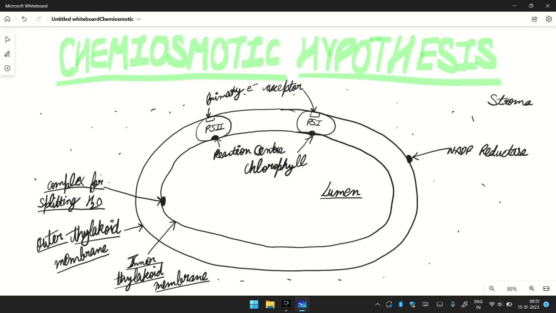So there are three electron acceptors present here: one, two, and three.